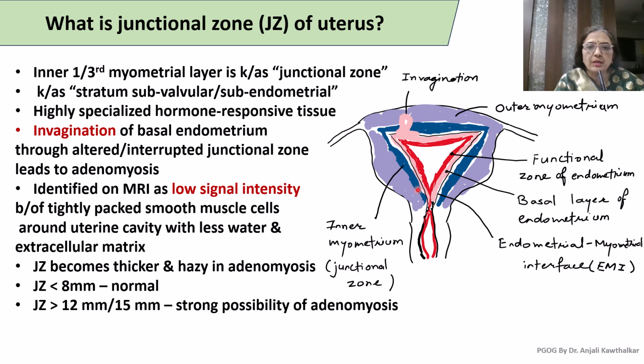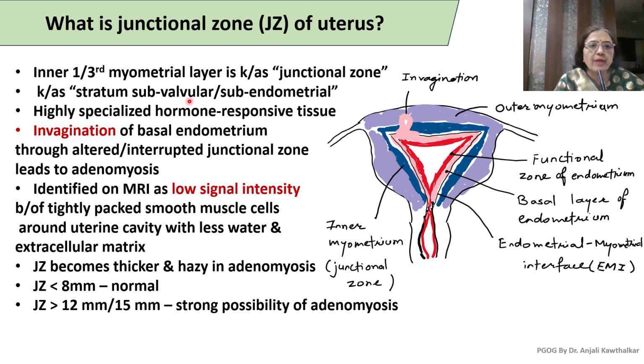This dark blue in color is the junctional zone or inner myometrium. On the inner side of this junctional zone we have the endometrial myometrial interface, whereas on the outer side it has the outer myometrium. So it is myometrium only. The junctional zone of the uterus is nothing but the inner myometrium, the inner one third of the myometrium.